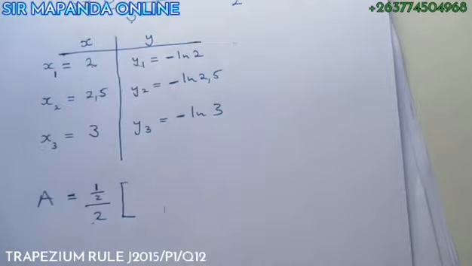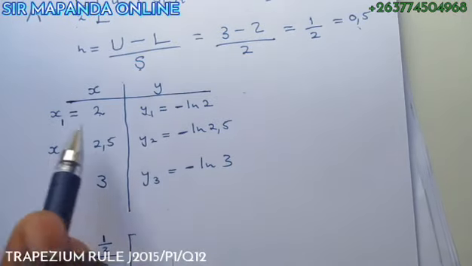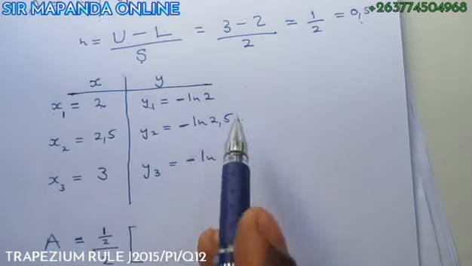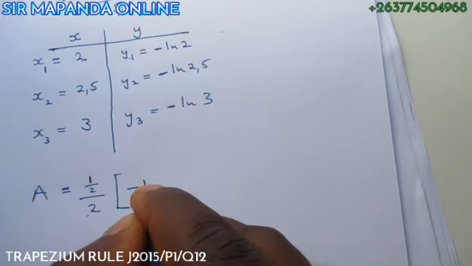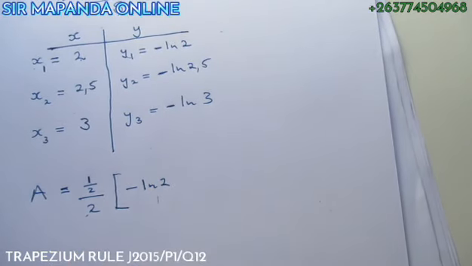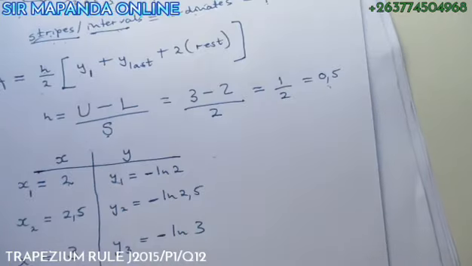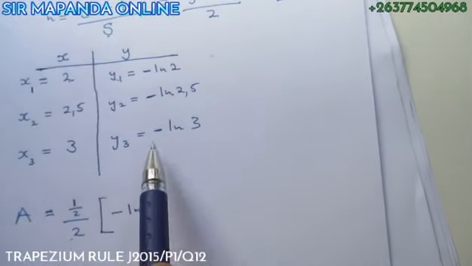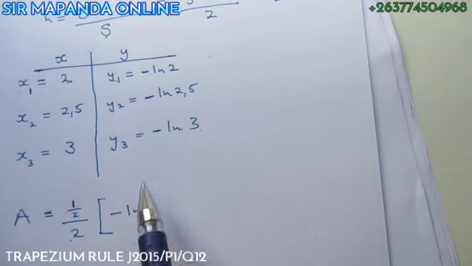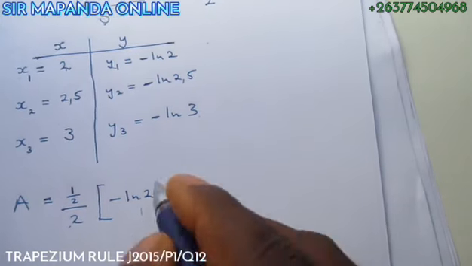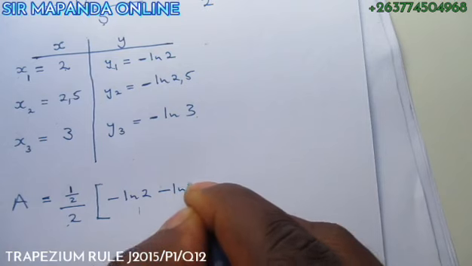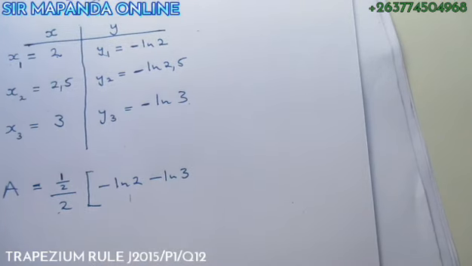Then you put your big bracket. y1 is the first y ordinate produced by x1, and this is minus ln 2. This is our y1, minus ln 2. Right, then we are going to add it with y last. y last is minus ln 3. So plus minus ln 3, you get minus ln 3, since plus times minus gives minus.